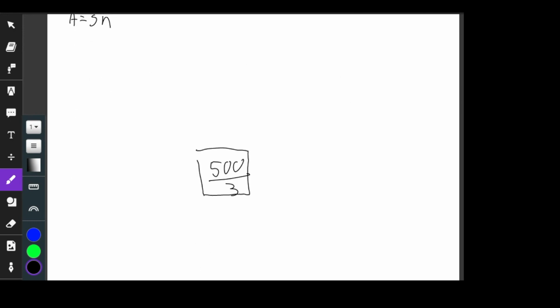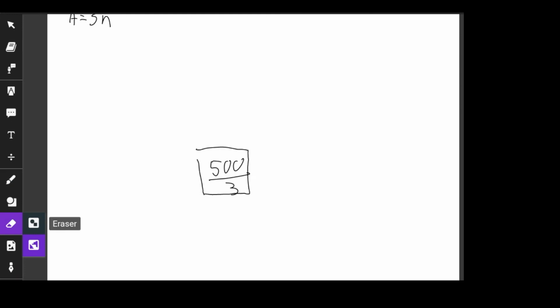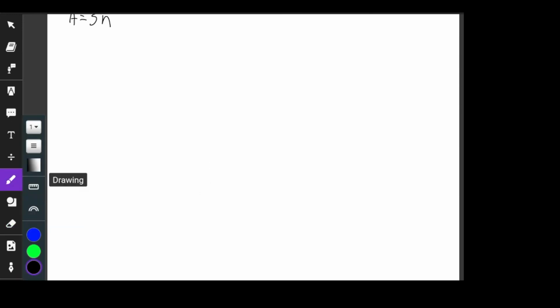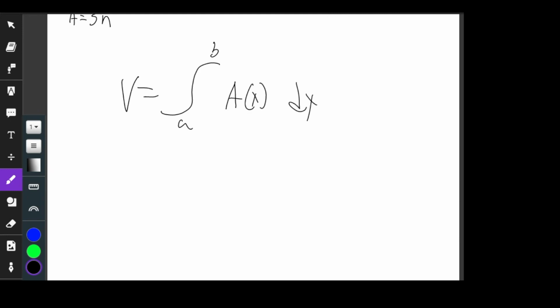Secondly, I will remind us of the most important equation that we will need to know, which is V equals the integral from a to b of the area dx. And finally, I will always recommend graphing it out and just looking at it so you truly understand what the question is asking you. Thank you.